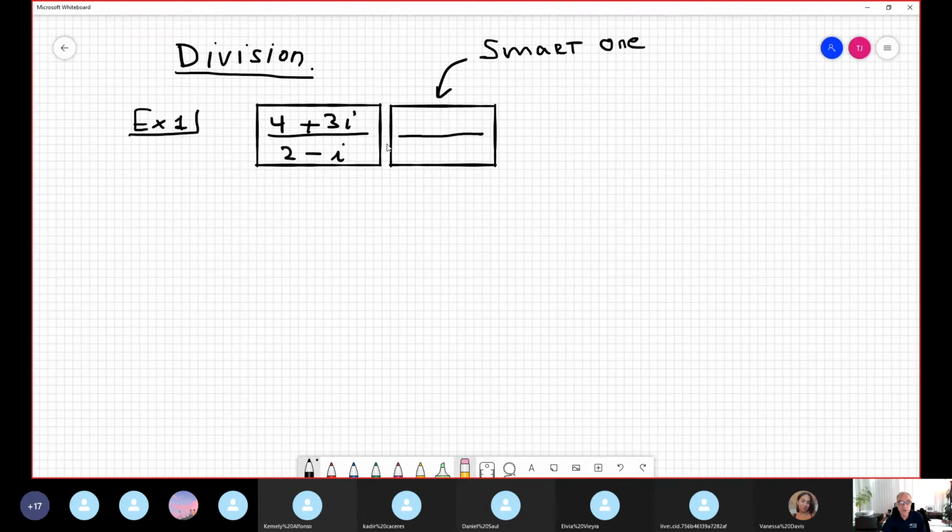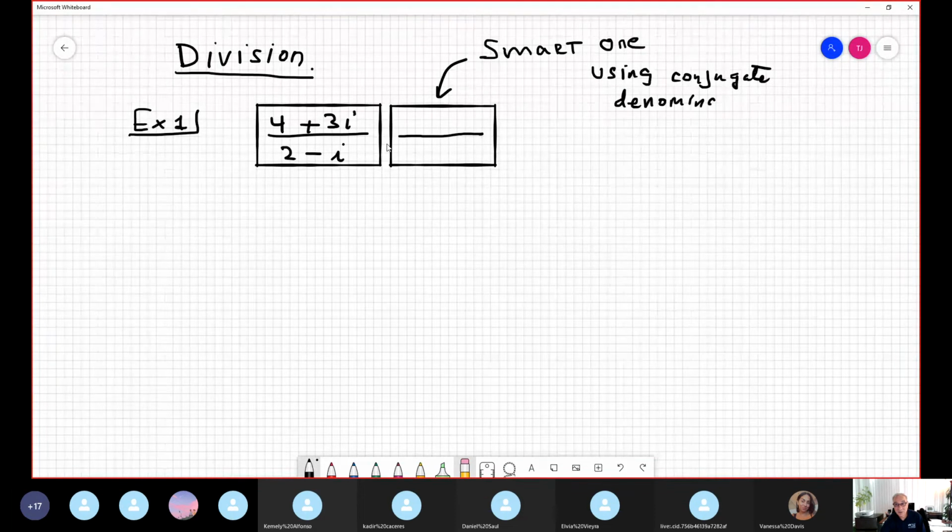Using the conjugate of the complex number in the denominator. And my question is, what is the conjugate of 2 minus i? It's 2 plus i. So you divide 2 plus i by 2 plus i.